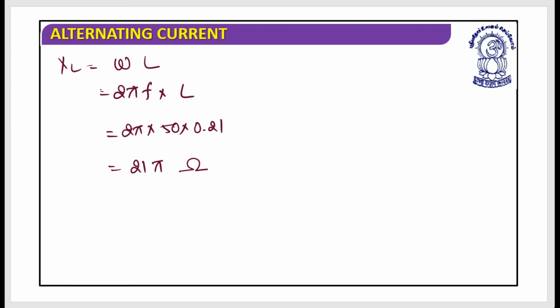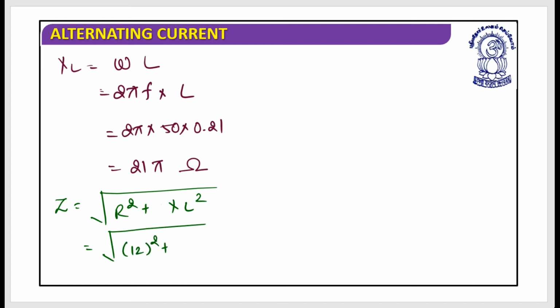Now let's calculate Z, which equals the root of R square plus XL square. This is 12 square plus 21 pi whole square, which gives approximately 67.01 ohm.